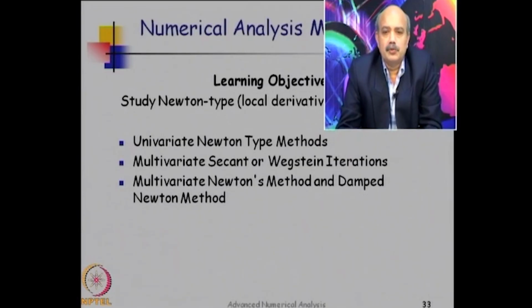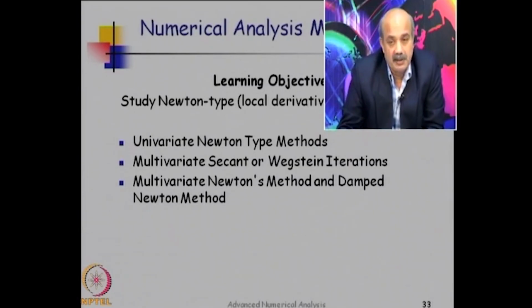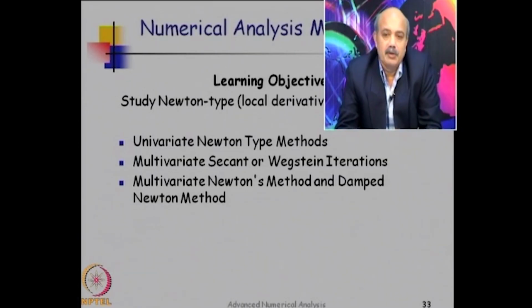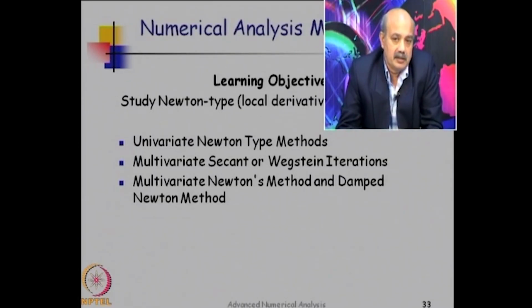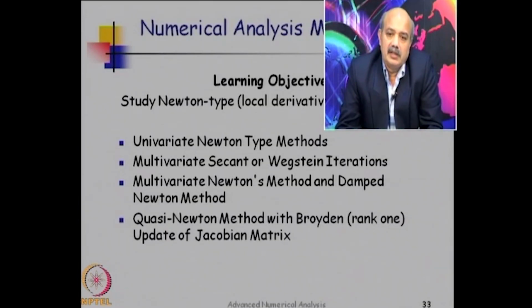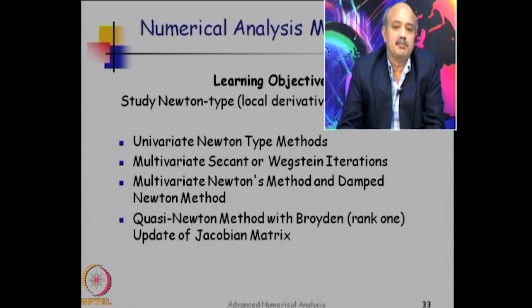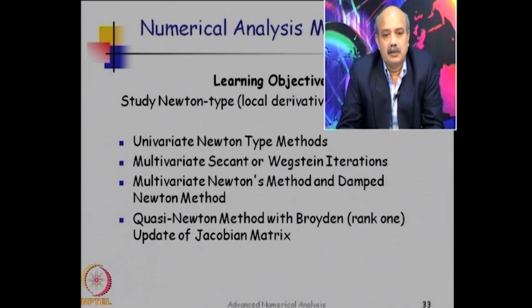Then we will move on to the well known Newton's method and look at its variations like the damped Newton method, where you can try to improve the convergence behavior, or we will develop numerically more friendly versions of Newton's method, called quasi-Newton methods, with rank 1 updates of the Jacobian matrix.